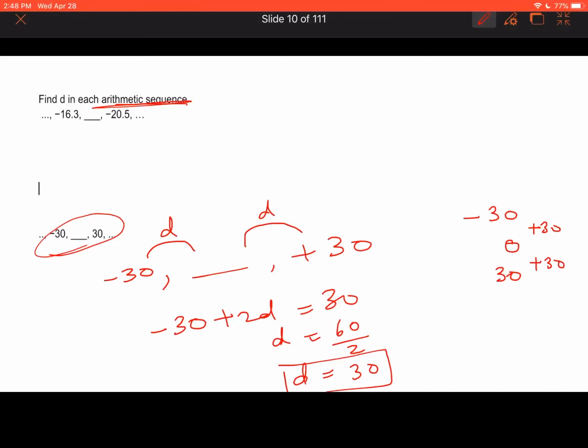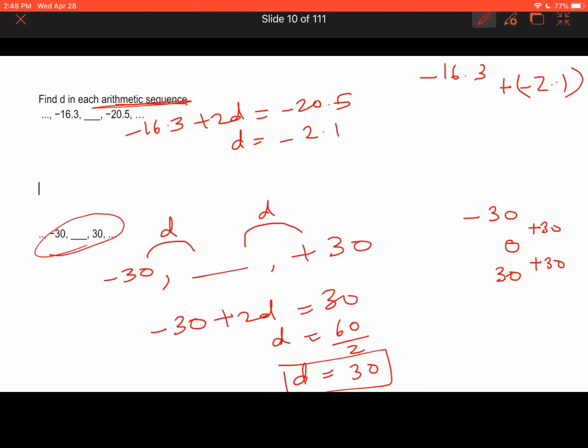So now we are going to use the same method here. Minus 16.3 plus 2D is equal to minus 20.5, and hence D is equal to minus 2.1. Okay, if that is so, let us check whether it is going to work out. Minus 16.3, we have to add minus 2.1, right?